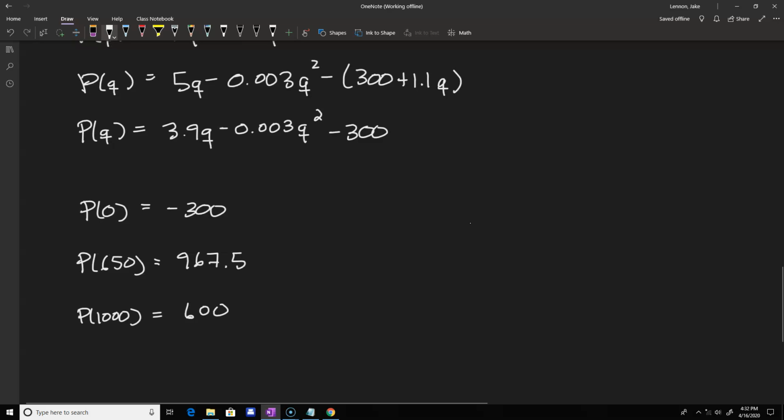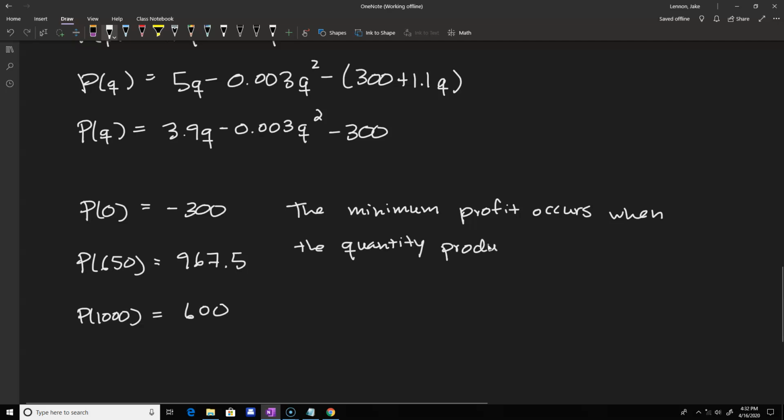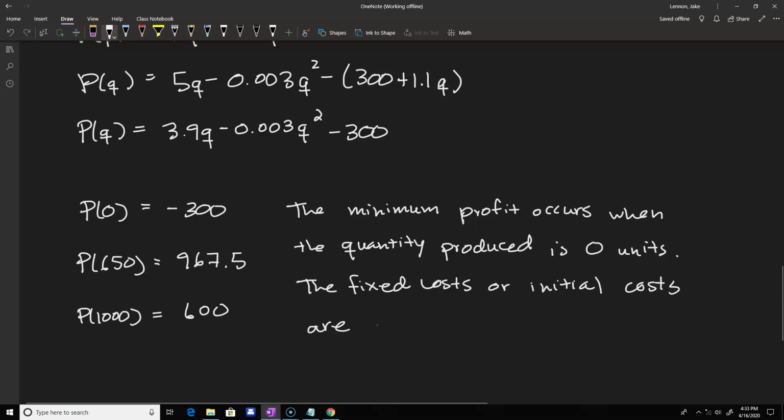So probably you could have guessed that, but basically our conclusion here is the minimum profit occurs when the quantity produced is 0 units, and we could say the fixed cost or initial cost are 300. I don't believe they give us any units here, so we don't have anything there.